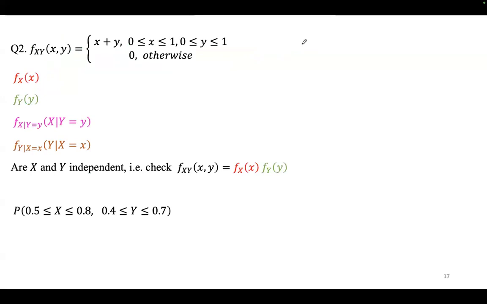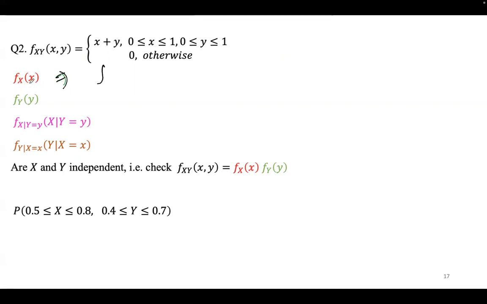But let's take a look at this question again. So again, this is the joint probability. Here x and y are independent, but they are between 0 and 1, both of them. You can calculate the marginal probabilities and the conditional probabilities. When you calculate the marginal probability of x, you're going to integrate over the range of y.